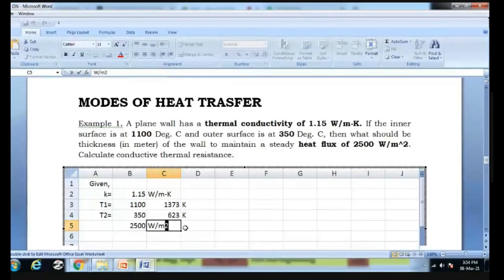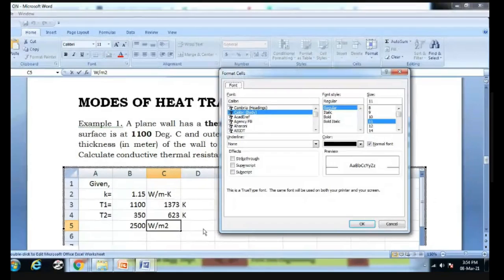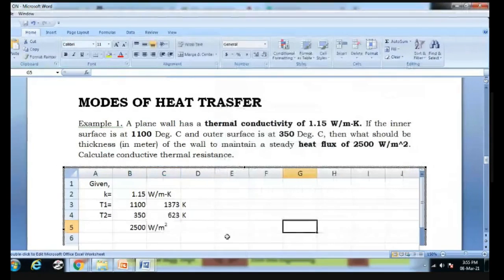I will select 2 and press Control 1, and then the font cell box will open. So I'll make it superscript. This way watt per meter square will be shown. You can do this in Excel. Excel is a very good tool.